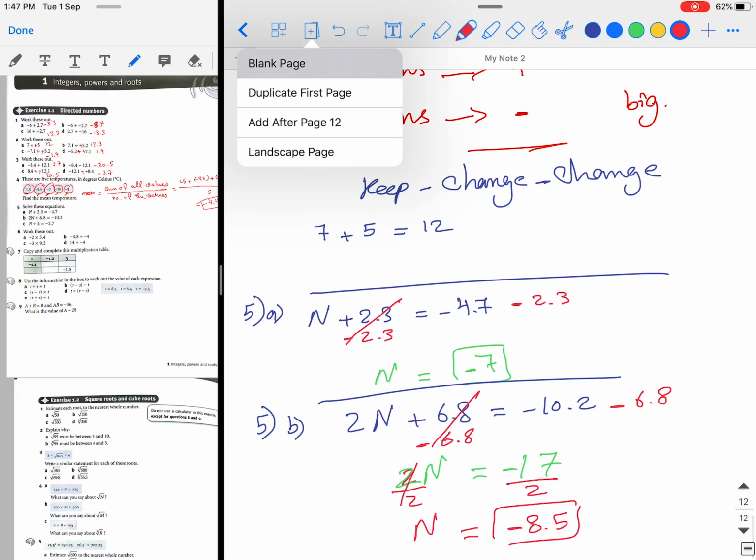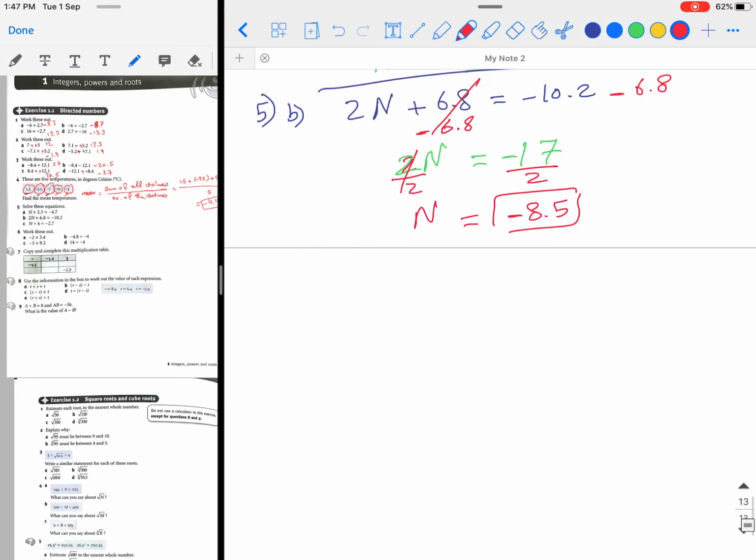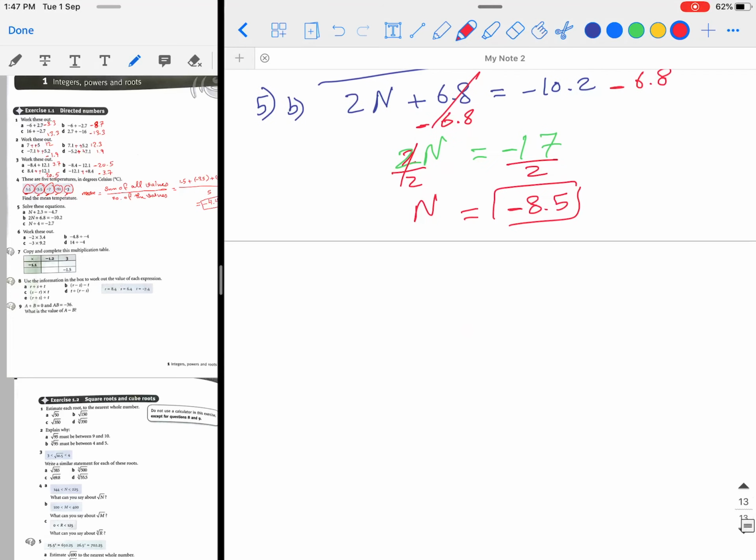Okay. Here for the next one, 5c, it's n divided by 4 equal 2.7. If it's a division, cut it with multiplication. So I will multiply by 4 here and I will multiply by 4 here. So if it's addition, cut it with subtraction.